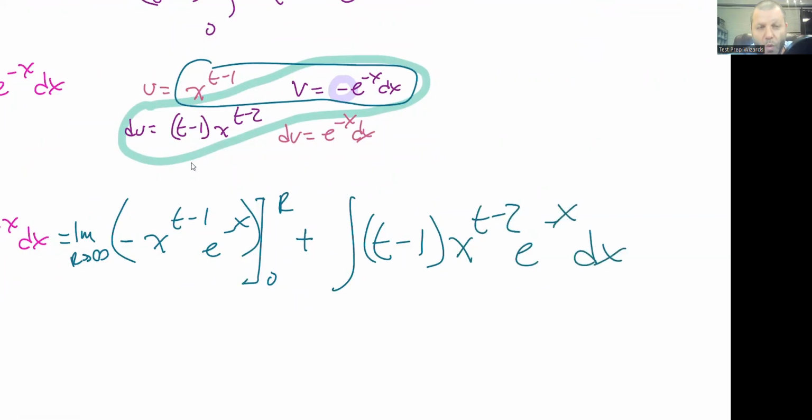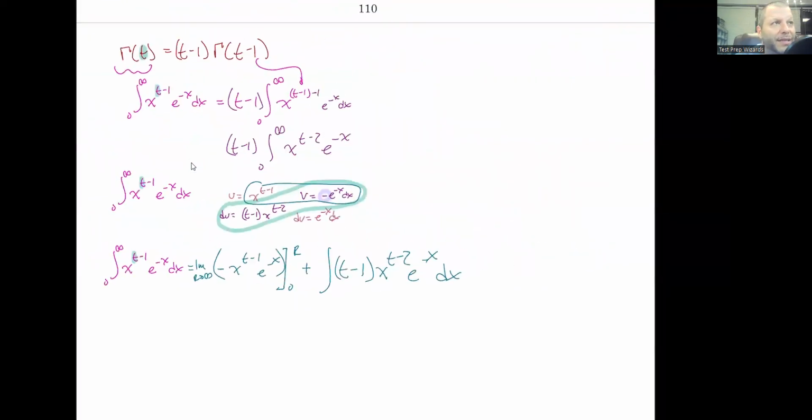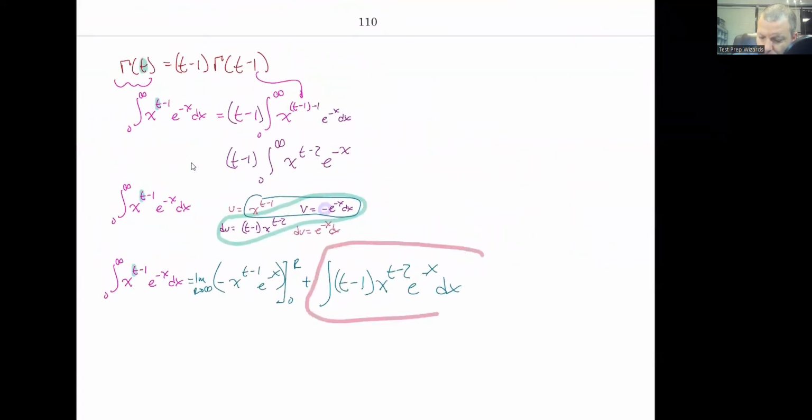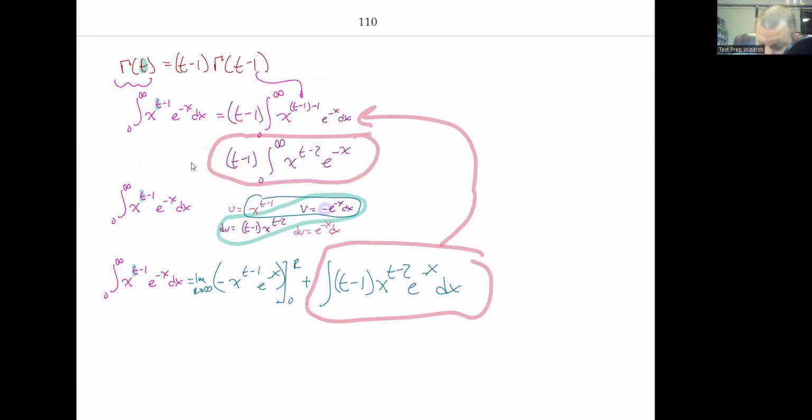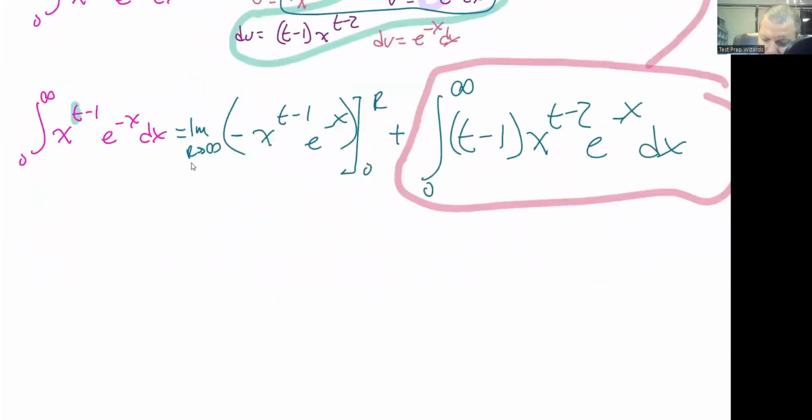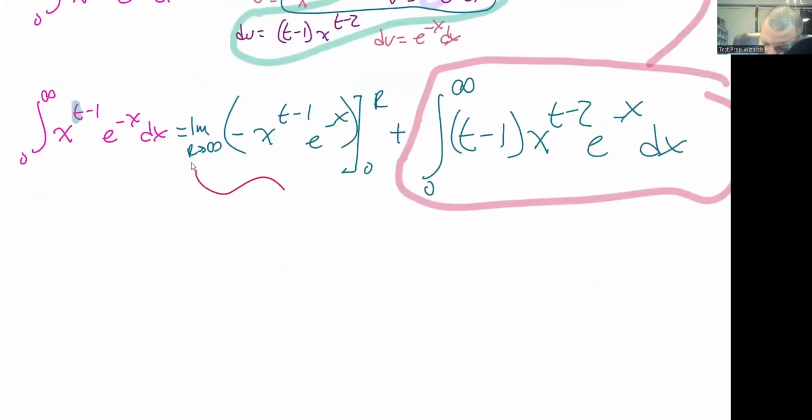And at this point, look at what we got here. We got this side, which is exactly the same as this side here, with the same limits of integration, infinity and 0. All we need to do at this point is show that this boundary term is 0.